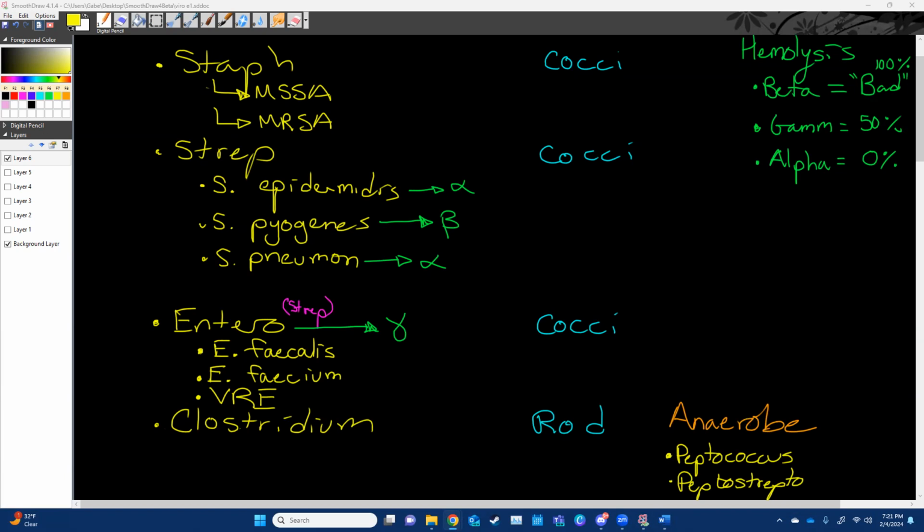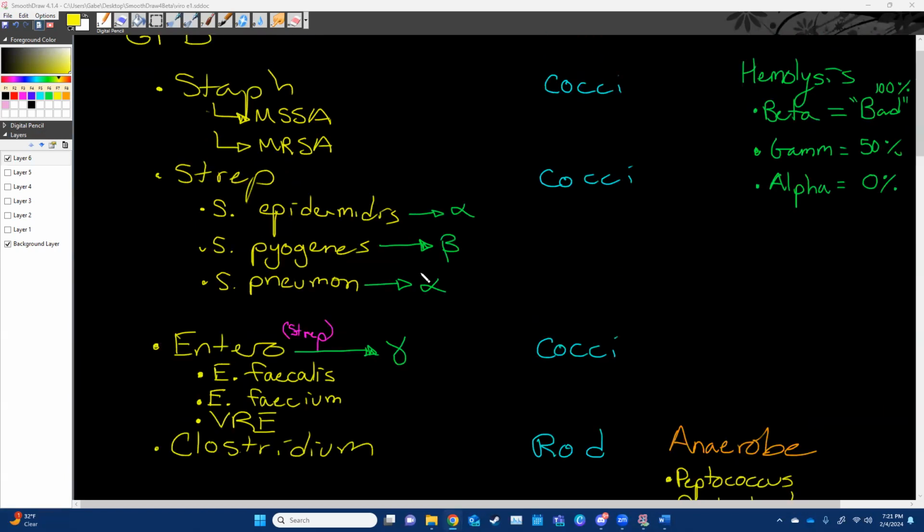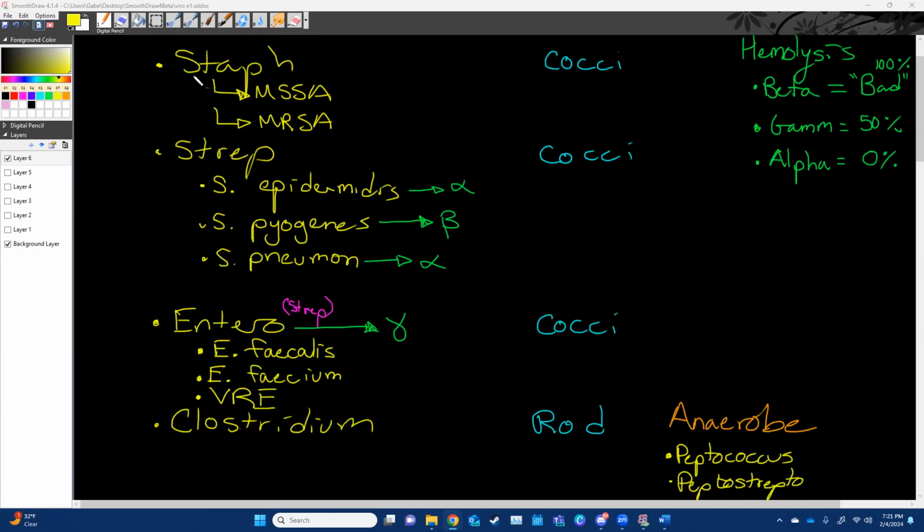Yes. The reason I don't tend to list them is because they're not the four major bacteria that are talked about in this first section. Peptostreptococcus and Peptococcus aren't a major focus among the different antibiotics, but they are cocci. They're just anaerobes.